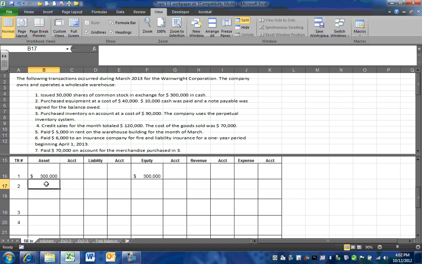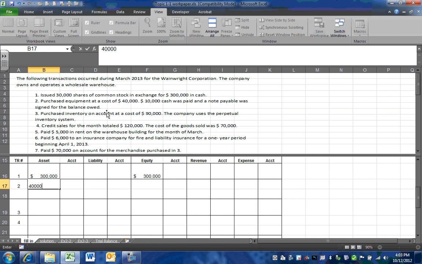Next, we purchase equipment at a cost of $40,000. We do this by paying some cash and then taking out a loan for the rest. So first we purchase the equipment. We're going to use the historical cost of $40,000 in our accounting records.